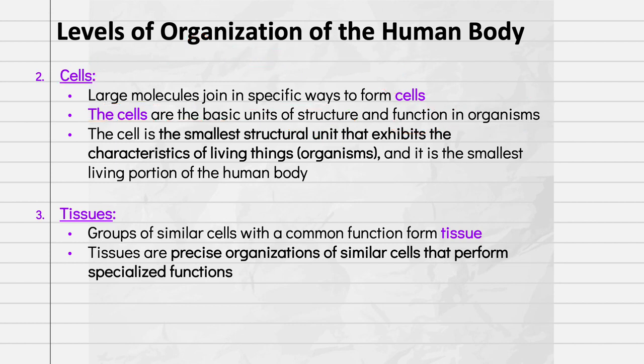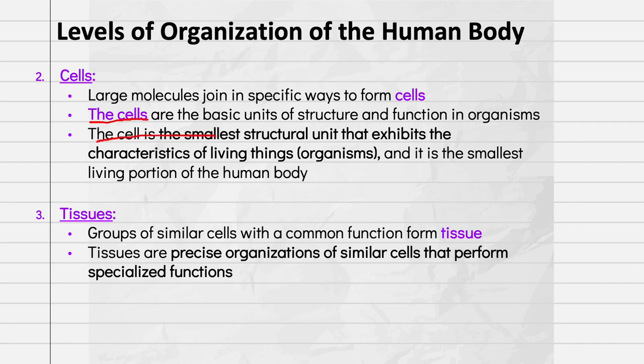Whereas, as we already studied previously, at the level of the cell, the organelle is the basic structural and functional unit. But at the level of an organism, the whole organism, the cell is the basic unit of structure and function. This is the difference.